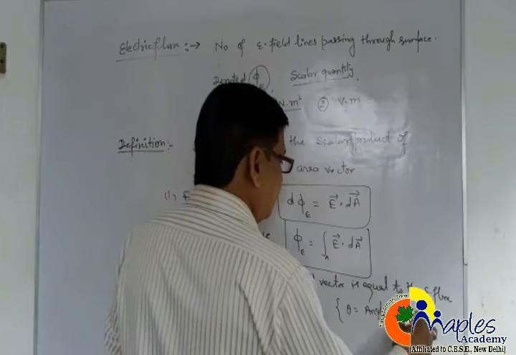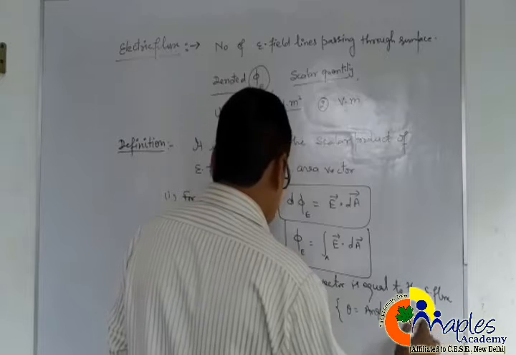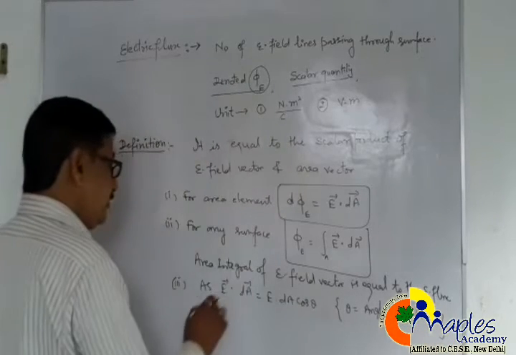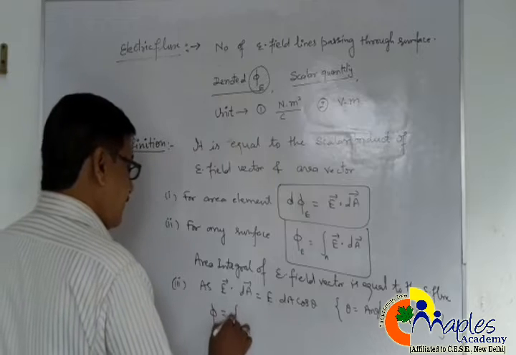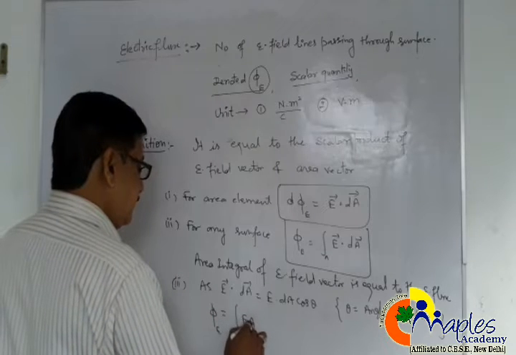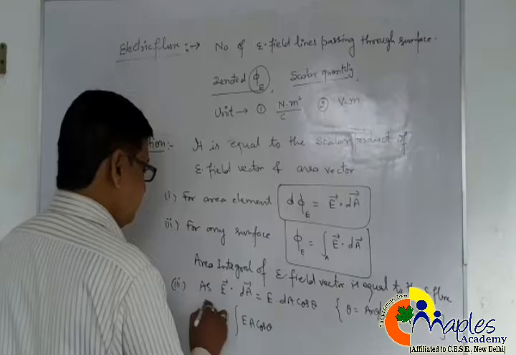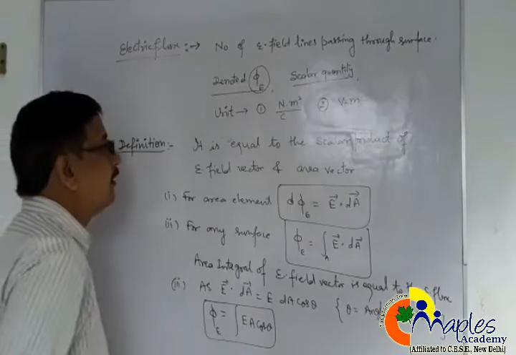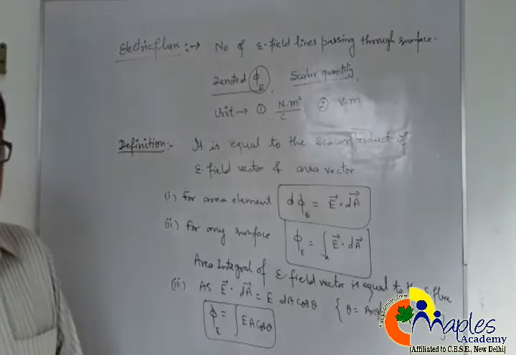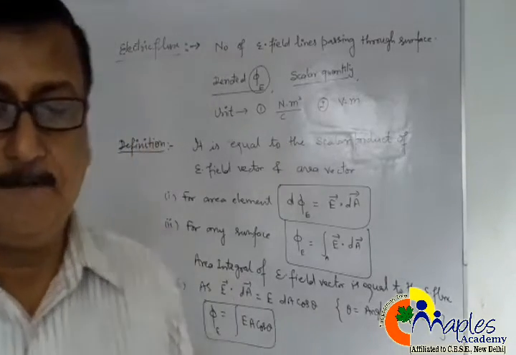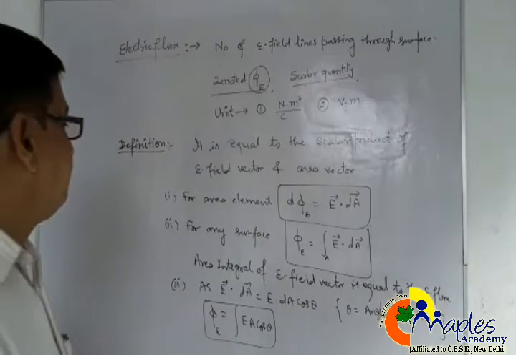So we can write phi equals integration E A cos theta also. This is the electric flux passing through any area.